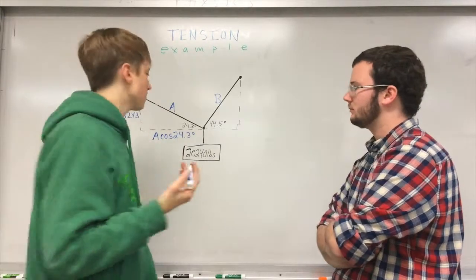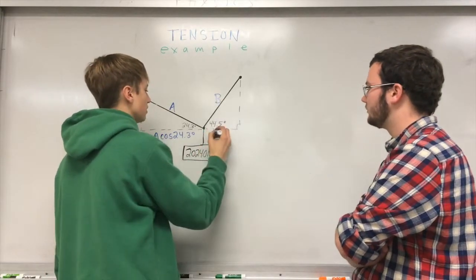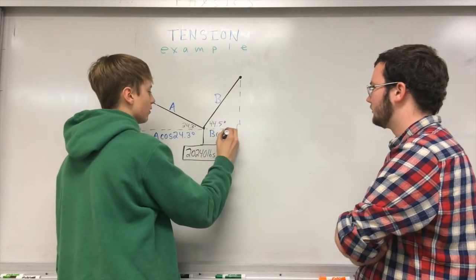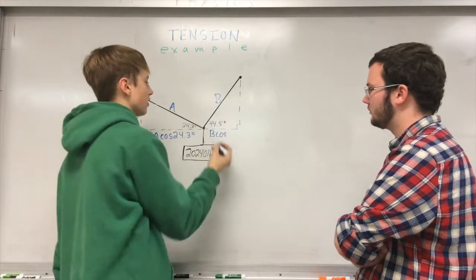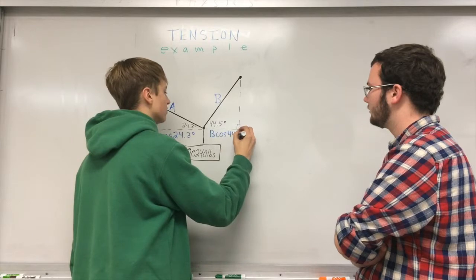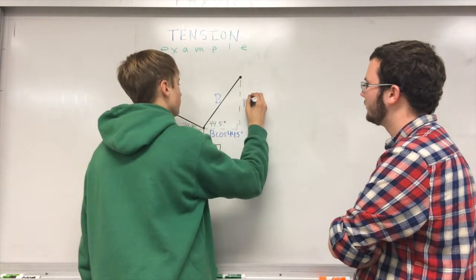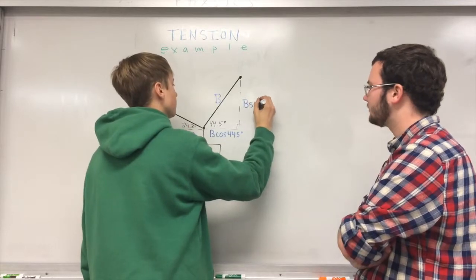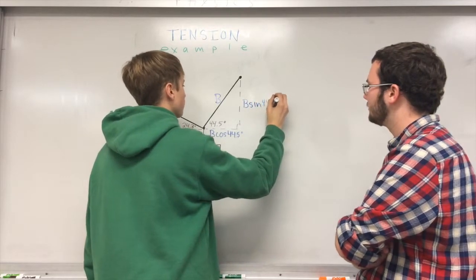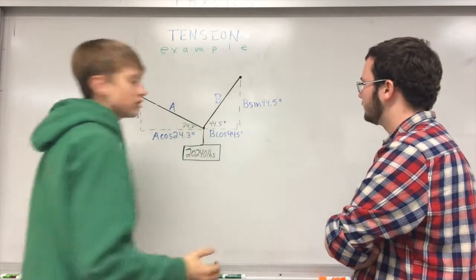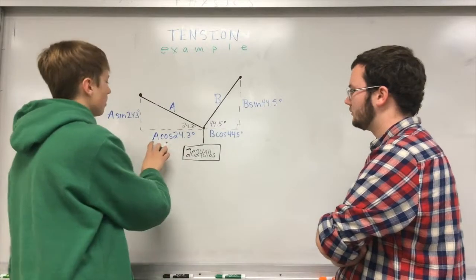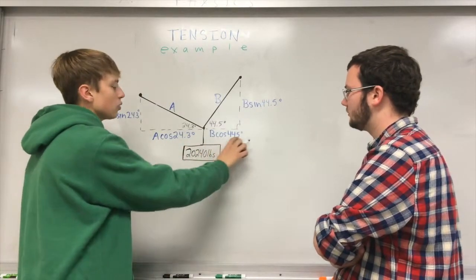For this side, the same kind of thing. This time it's b cos of what we called phi before, which is now 44.5 degrees, and the y component is b sine 44.5 degrees.